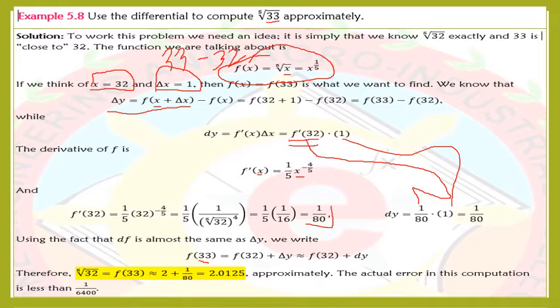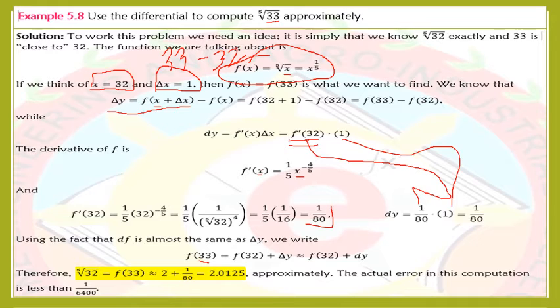So, therefore, the fifth root of 33 is equal to f of 33, approximately 2 plus 1 over 80.